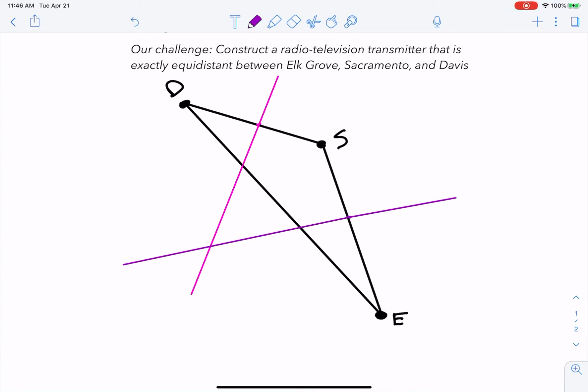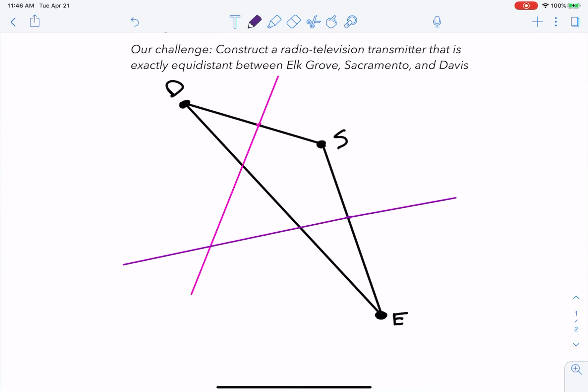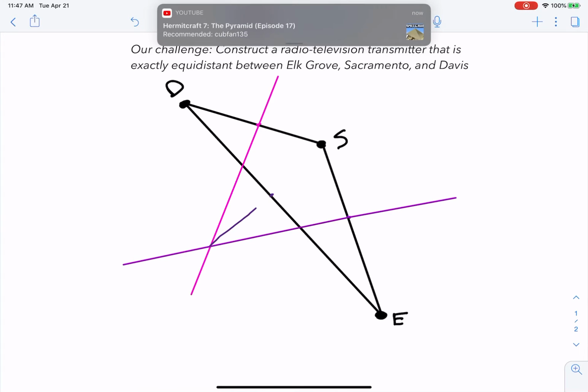And then if we did the same thing and drew a bisector, I'll do this one in kind of this darker purple color, if we went from here, we could draw a perpendicular bisector that's going to end up in the same spot.